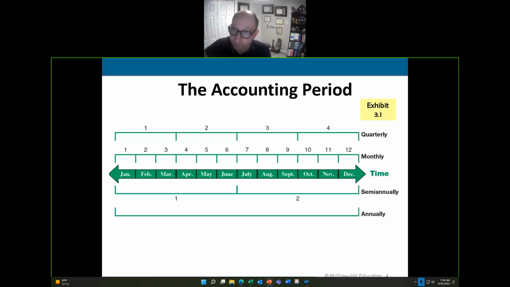Sometimes they're the same, but for the most part, they're different. So that's how reporting the accounting period works. So when you hear accounting period, think it can be reported in a month, a quarter, semi-annual, or annual. In most cases, for the purposes of this course, we'll be talking from a monthly perspective or an annual perspective.